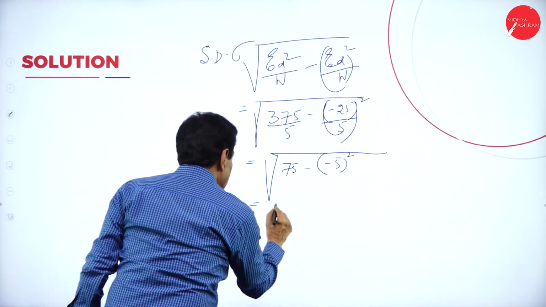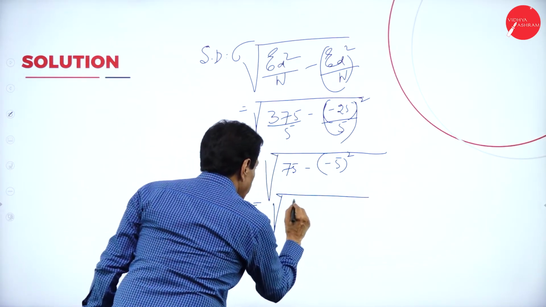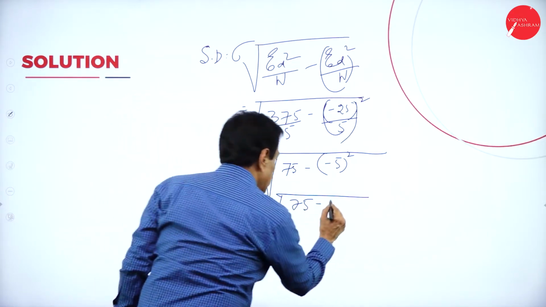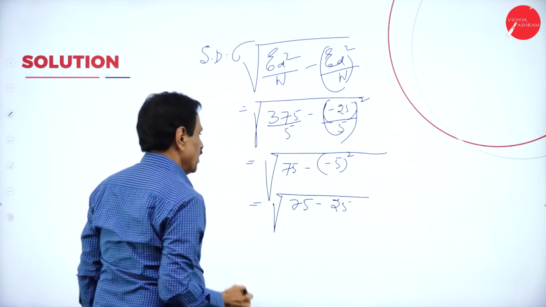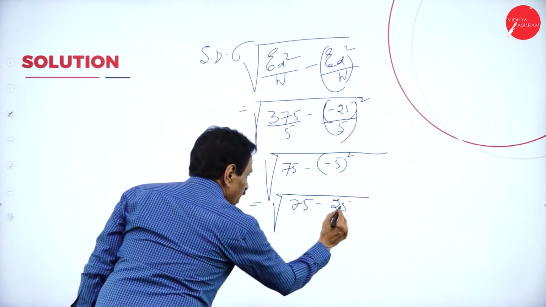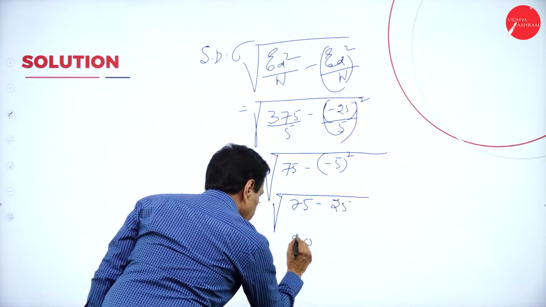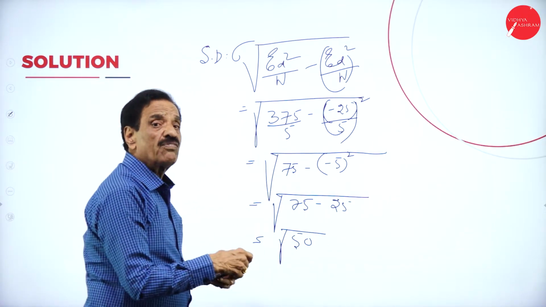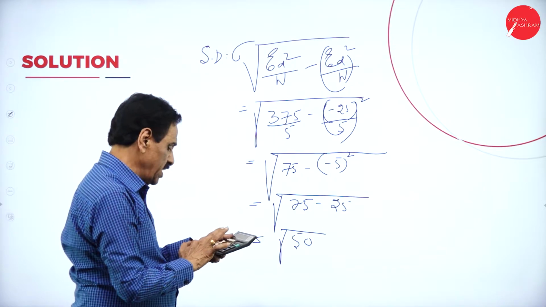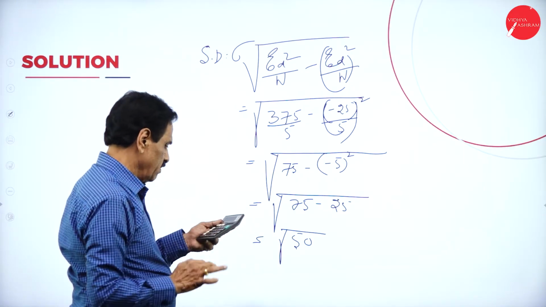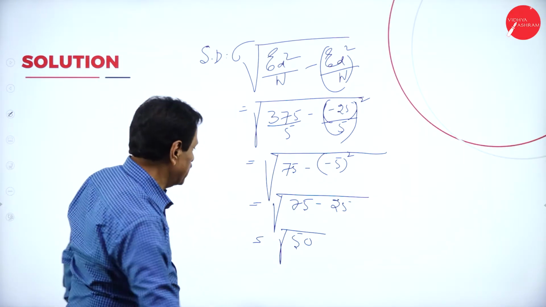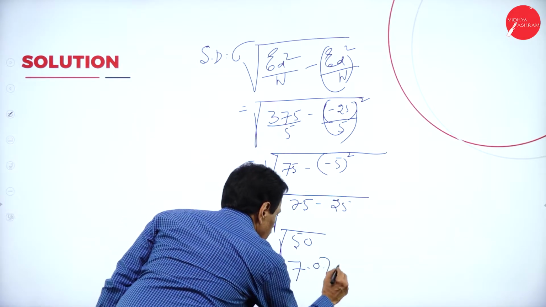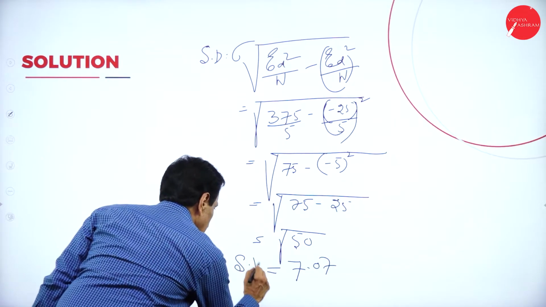Then root of this: 75 minus 25. Root of that, it is 50. Root of 50. We find out what the root of 50 is. 7.07. What is this? Standard deviation.